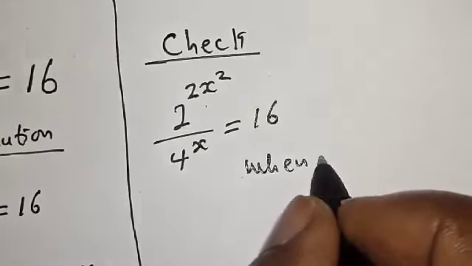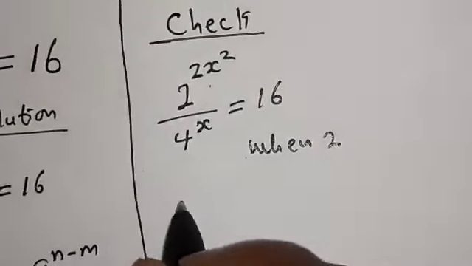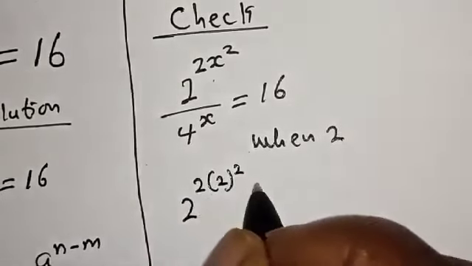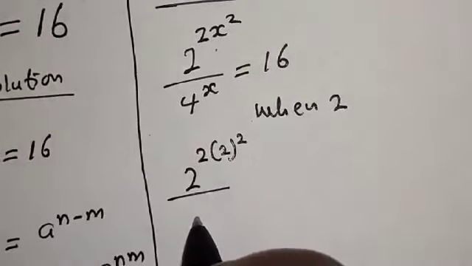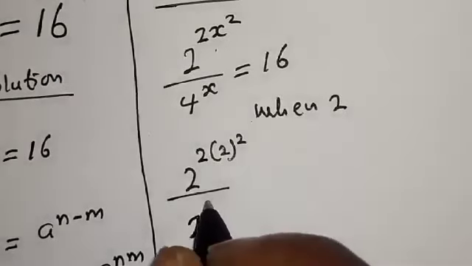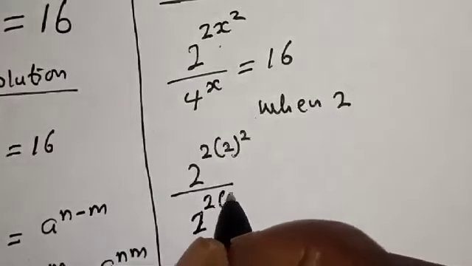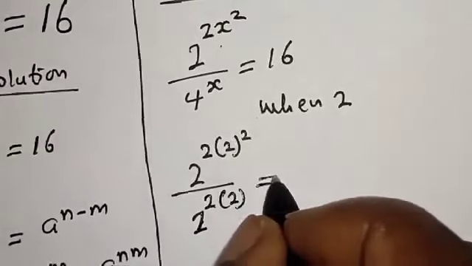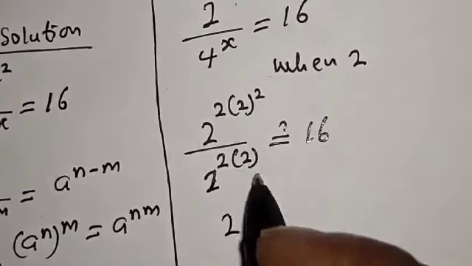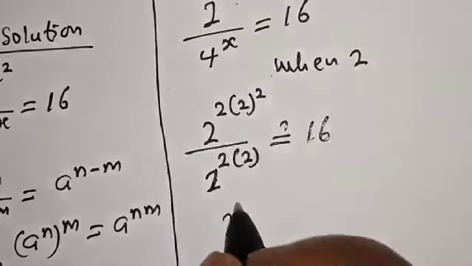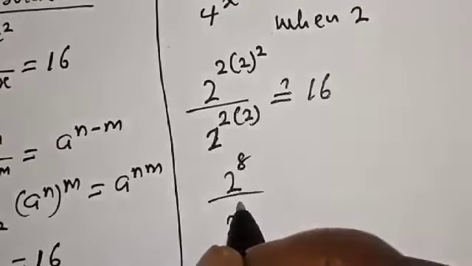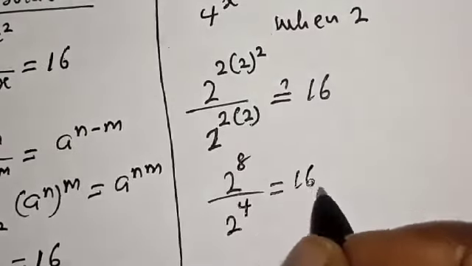When s is 2, then we have 2 raised to power 2 bracket 2 squared over 4 to the power of 2, must be equal to 16. Then this is 2 raised to power 2 square is 4 times 2, 8, over 2 raised to power 2 times 2, that is 4, must be equal to 16.